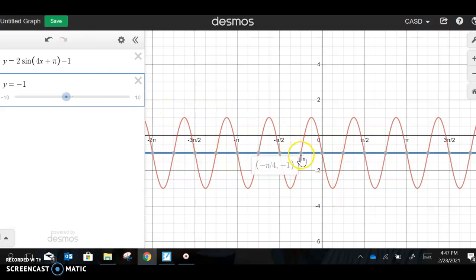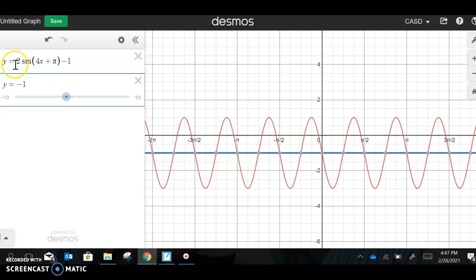The period, what did that take? I went from negative pi over 4 to positive pi over 4. So that's 2 pi over 4s that took me to get through a whole cycle. 2 pi over 4 is pi over 2. And that's what we found, remember, the period is always 2 pi over b. So that was 2 pi over 4. I knew the period.